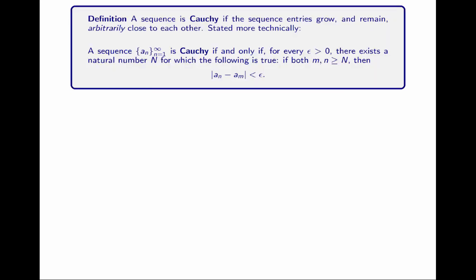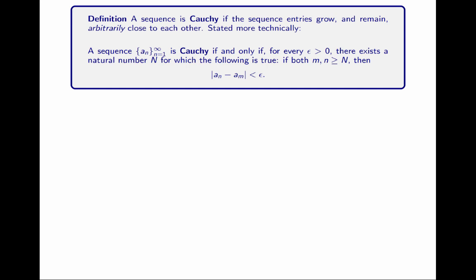So now we can give the definition of a Cauchy sequence. A sequence is Cauchy if the sequence entries grow and remain arbitrarily close to each other. Stated more technically, a sequence is Cauchy if and only if for all epsilon greater than 0, right?